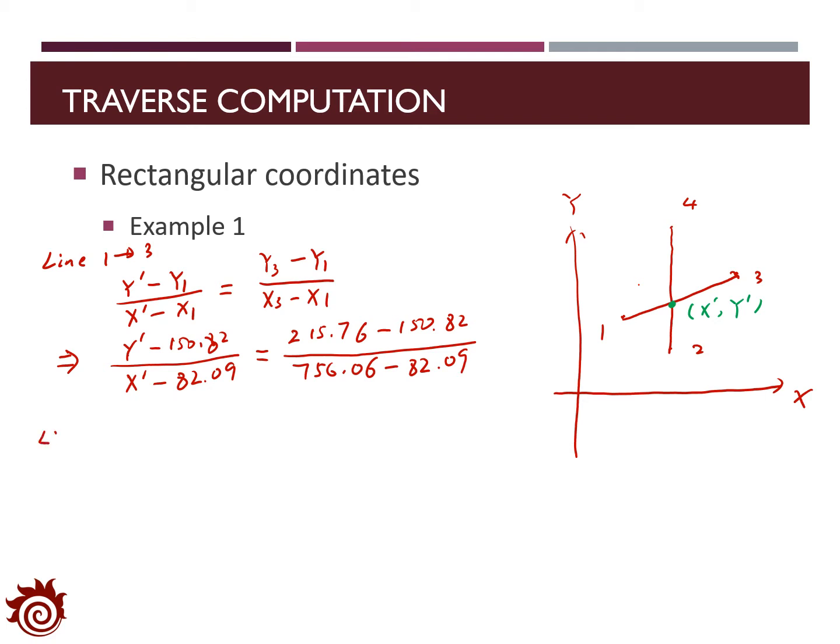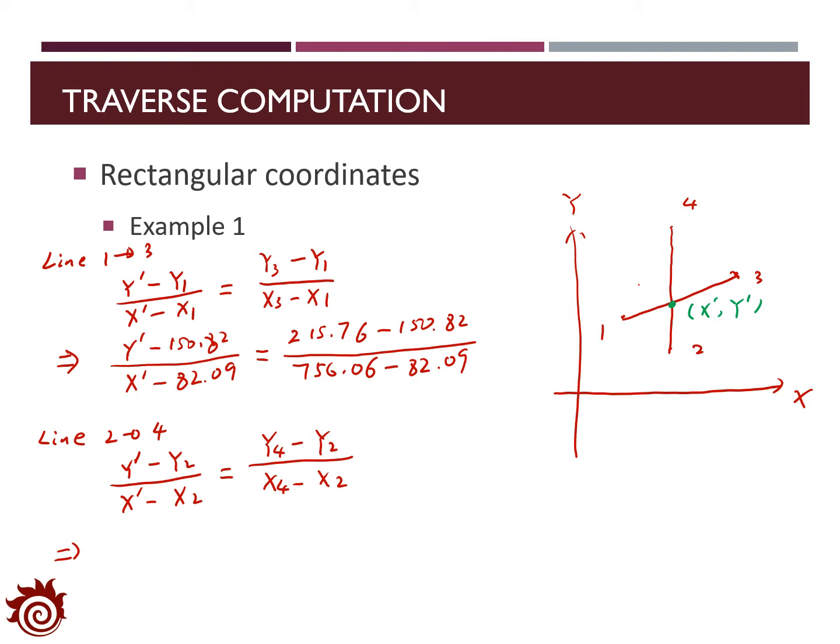Now for the second line, from 2 to 4. We also know that the intersection x prime, y prime is on the line 2 to 4, so we will have a similar equation applied. That is y prime minus y2 divided by x prime minus x2 equal to y4 minus y2 divided by x4 minus x2.